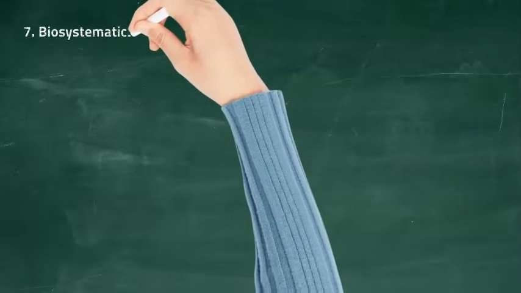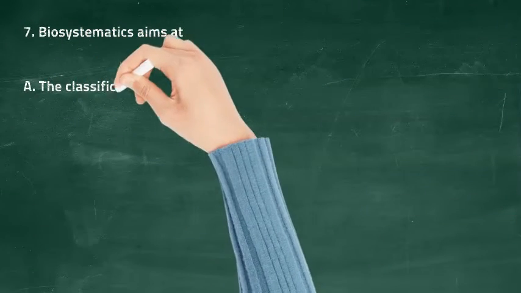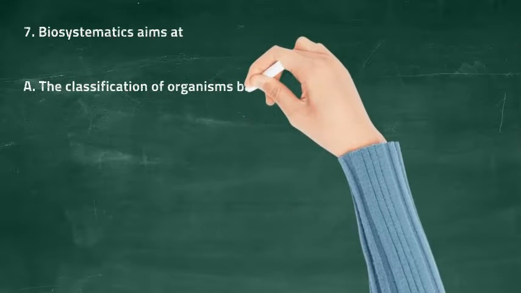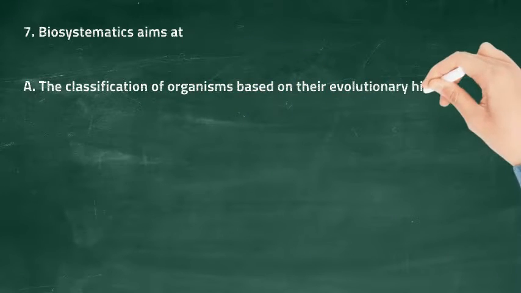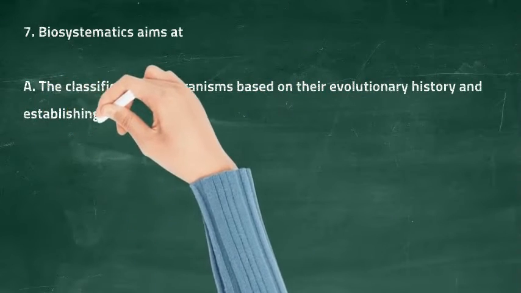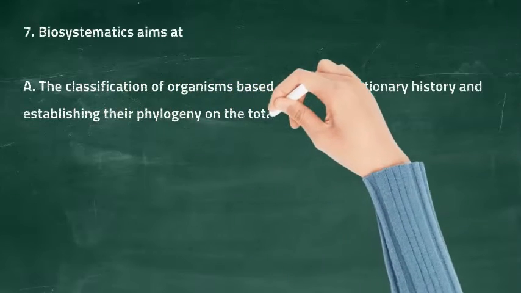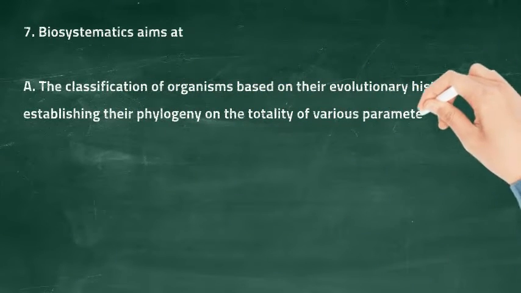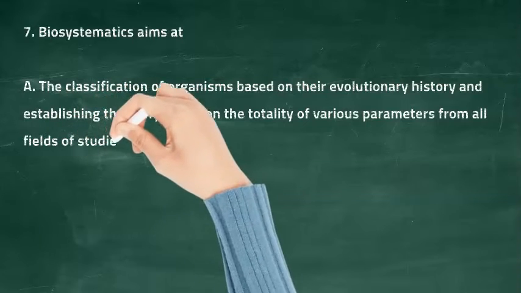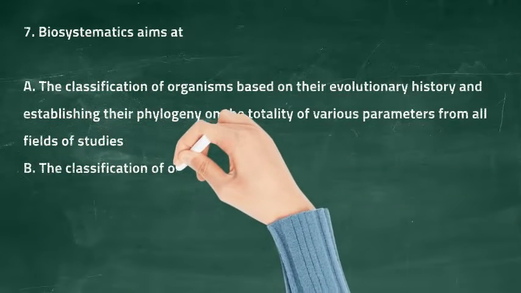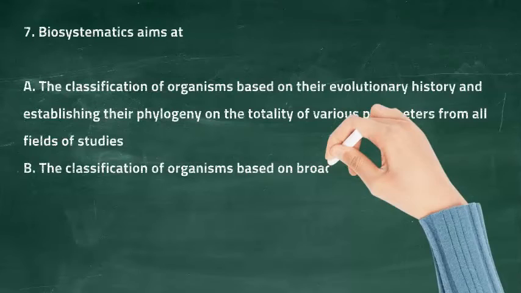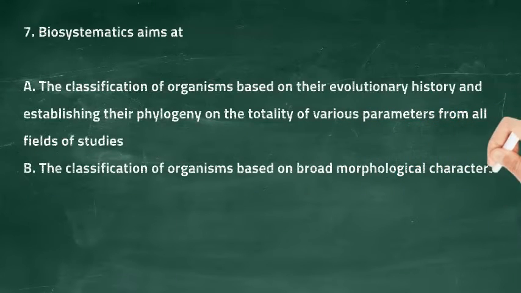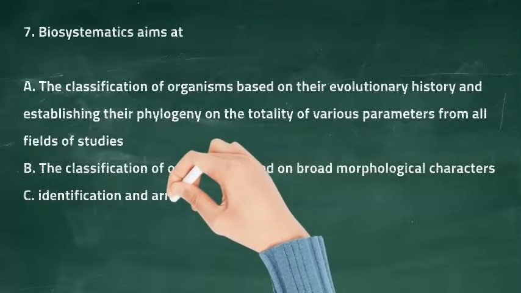Question 7th. Biosystematics aims at option A: the classification of organisms based on their evolutionary history and establishing their phylogeny on the totality of various parameters from all fields of studies. Option B: the classification of organisms based on broad morphological characters. Option C: identification and arrangement of organisms on the basis of their cytological characteristics.